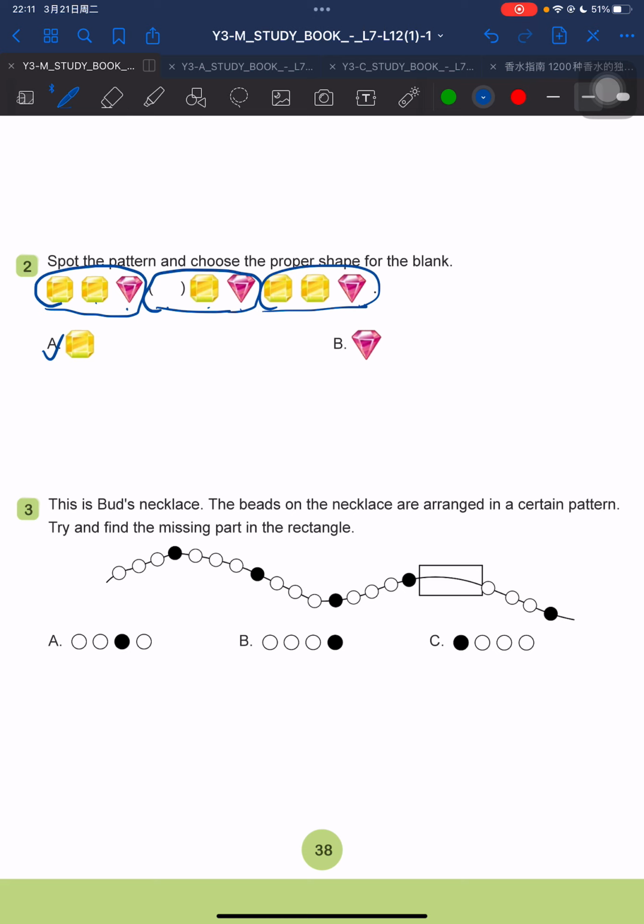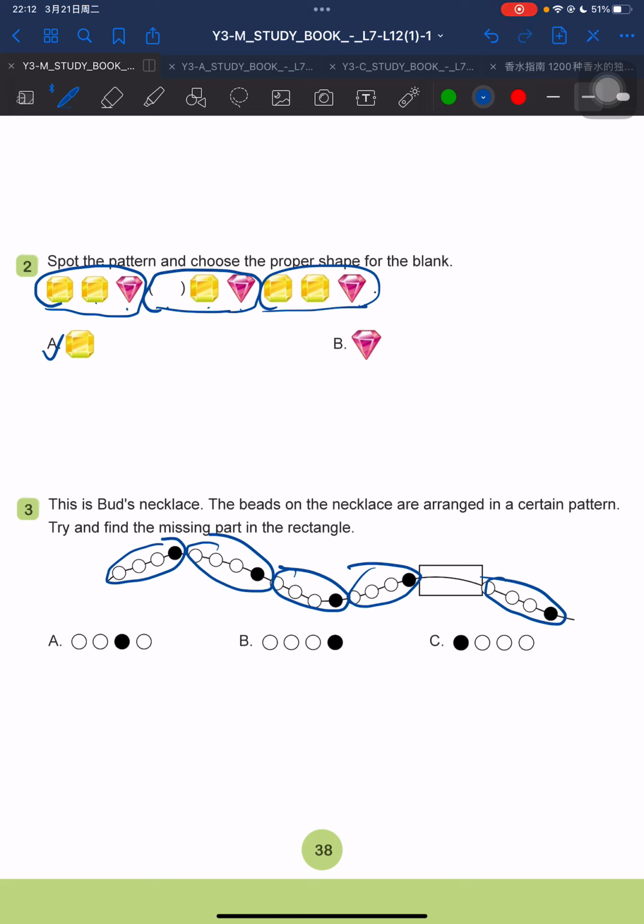So first of all, can anybody find what the pattern is on the necklace? Great, it's pretty easy for you now. So we have 3 white beads, black bead, 3 white beads, black bead, and we have this group repeat again and again, and we have 3 white beads and a black bead. So we would find we have a few cycles here, and the cycle starts from white beads and ends as the black bead.